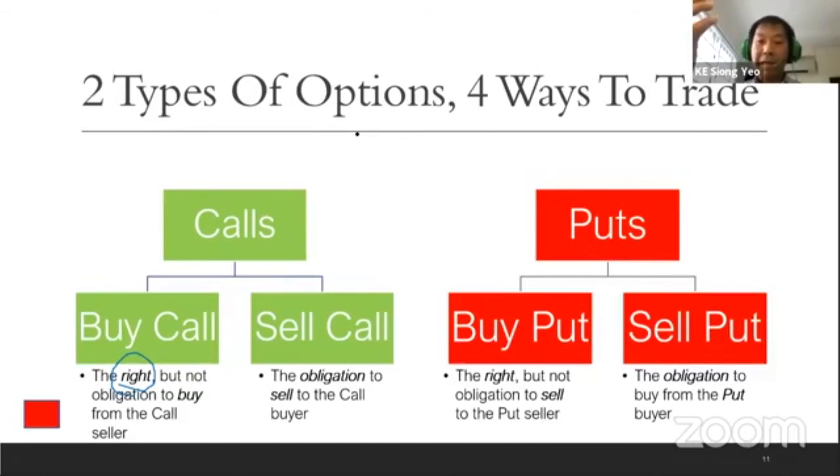Even if the price of Coke drops to $25, you as a put seller are obliged to buy my Coke shares at the agreed contract value of, let's say, $32, for example. So that's how options, in a very broad sense, work.